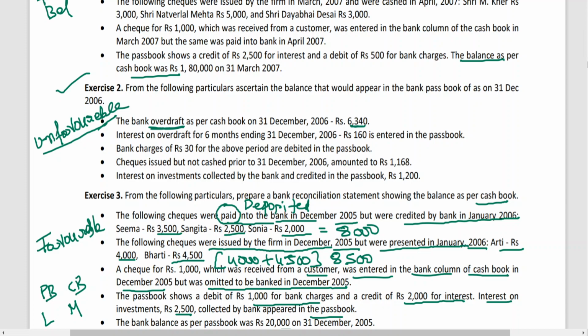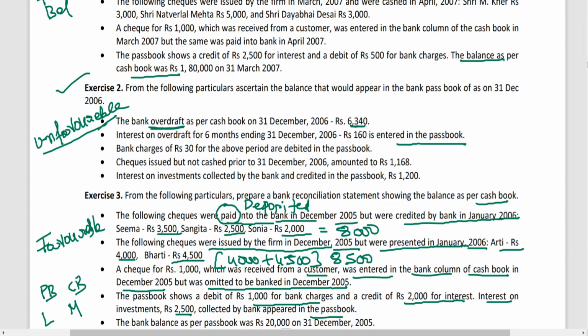So now we are having a few transactions here. Interest on overdraft for 6 months ending 31st December 2006, 160 rupees, entered in passbook. Interest on overdraft means payment entered in passbook.